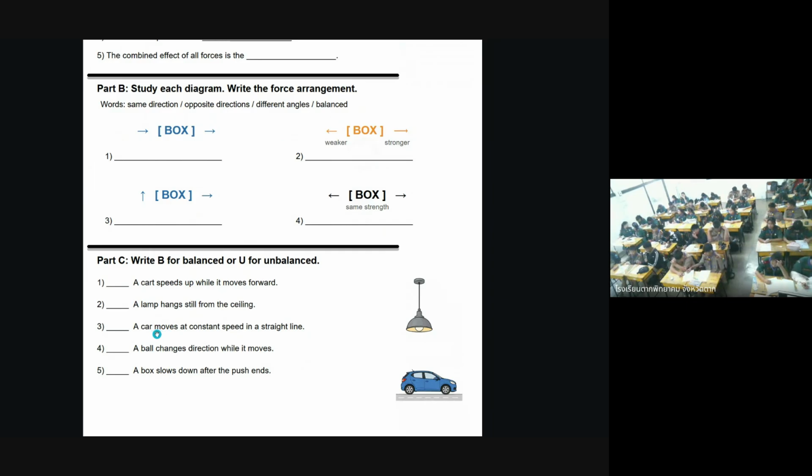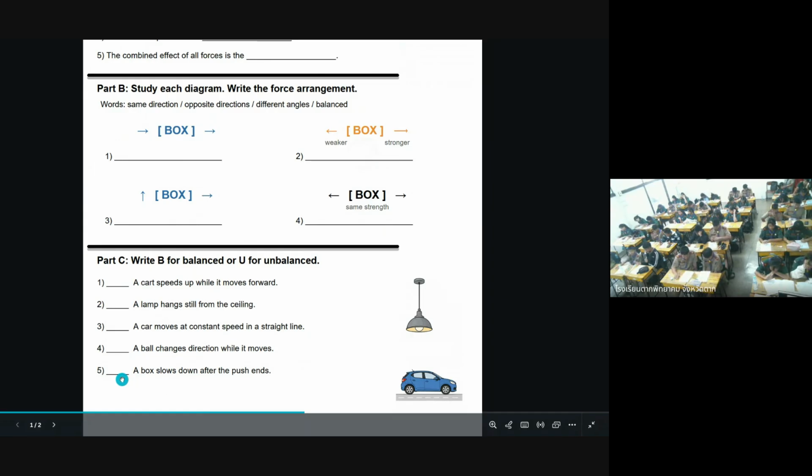If a car is moving at the same speed in a straight line, balanced. If a ball is changing directions, unbalanced. And if a box slows down after the push ends, unbalanced.